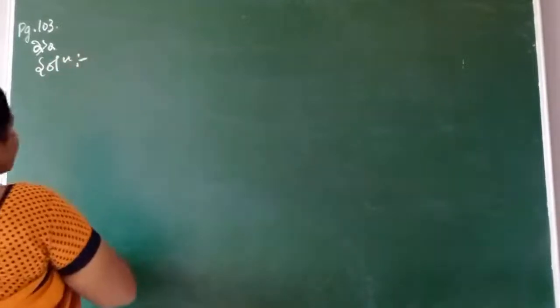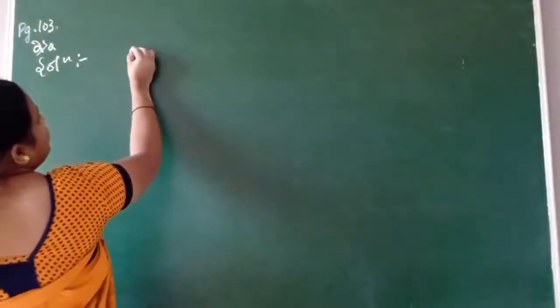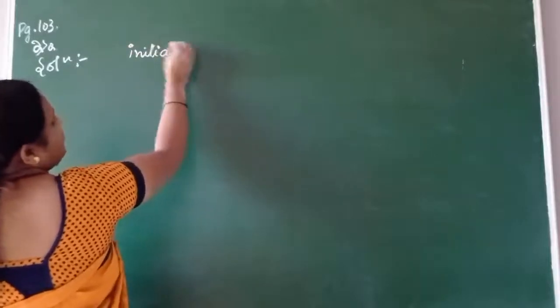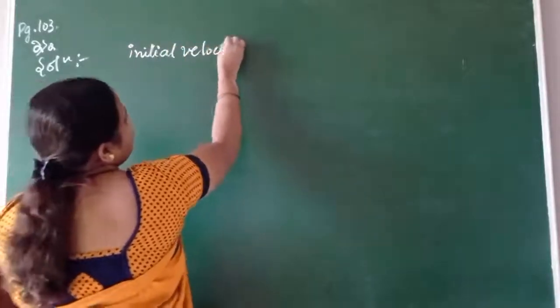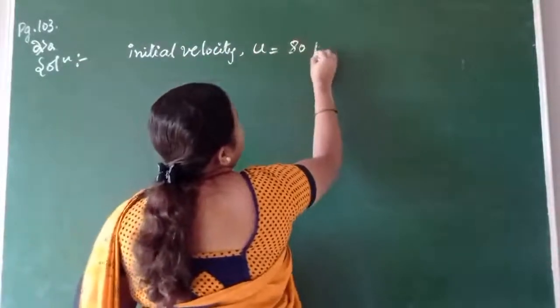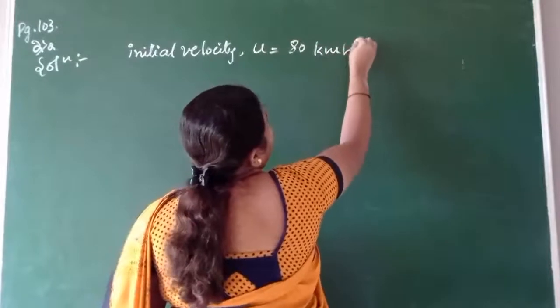The solution is: initial velocity u is equal to 80 kilometer per hour.